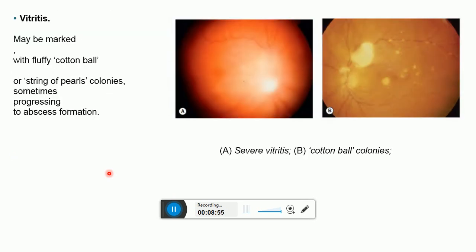Vitritis may be marked. This is severe vitritis with fluffy cotton ball colonies, or string of pearls colonies, sometimes progressing to abscess formation.